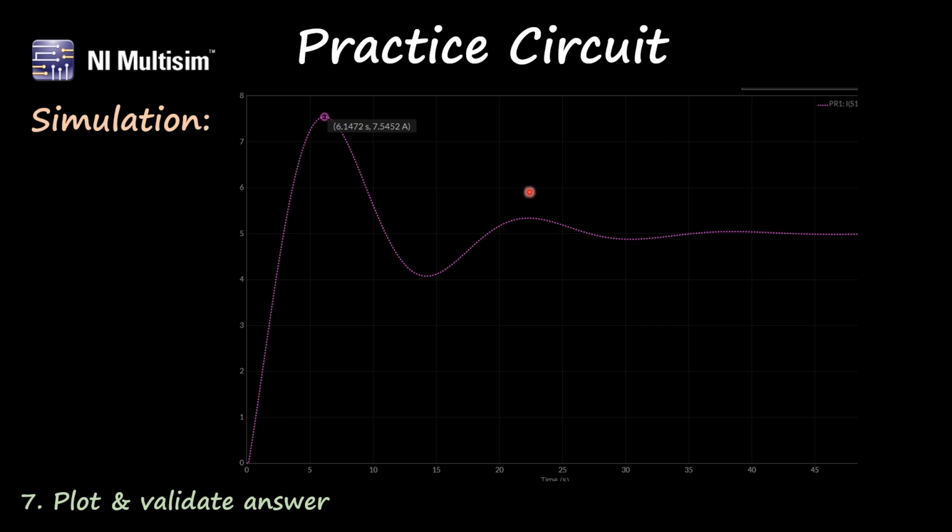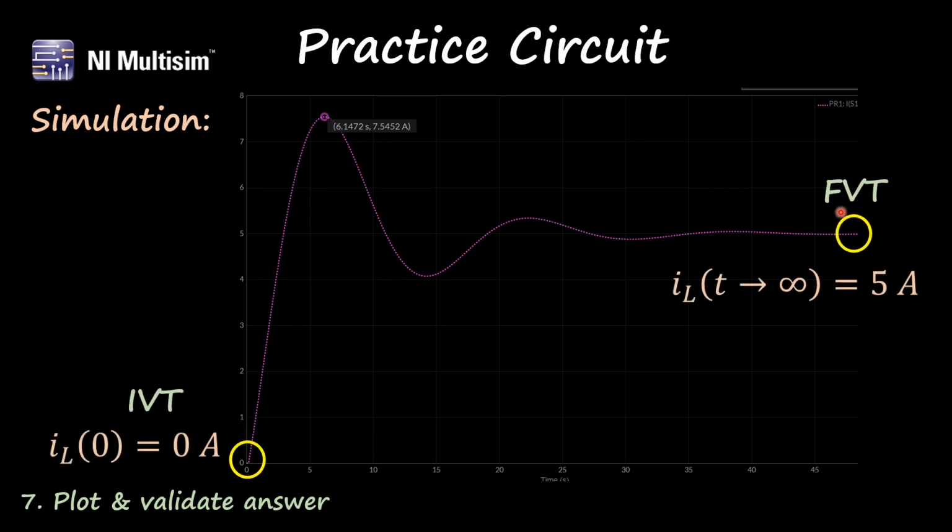Alright, so the simulation from Multisim gives me this answer. I also selected a point over there, maximum point 7.5 amps, which is similar to what we plotted on Desmos. My initial value is also 0 amps, and my final is 5. And I have similar peaks here, so 4.1 and probably 5.3, something like that.